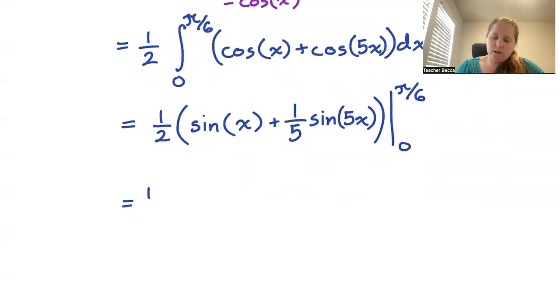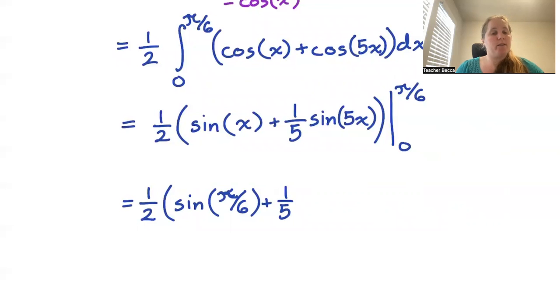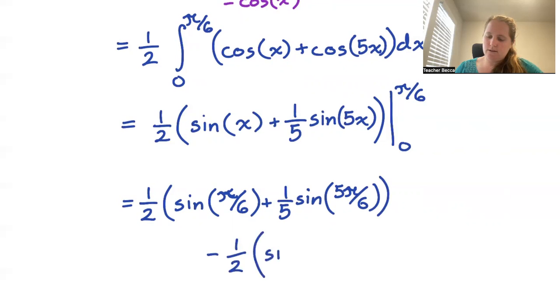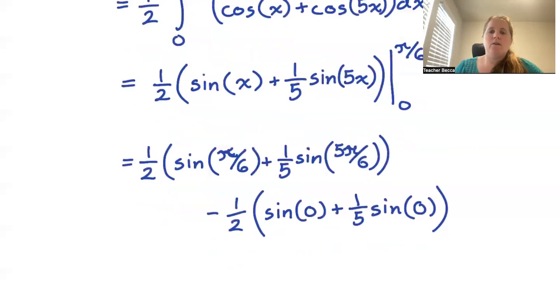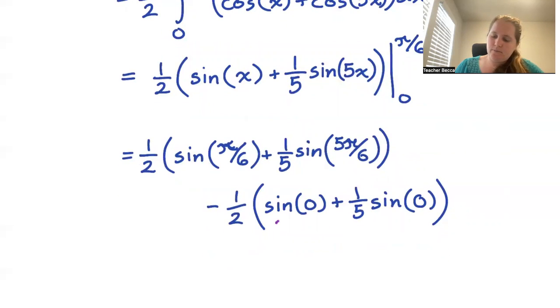So this becomes 1/2 times, in brackets, sine of pi over 6 plus 1/5 sine of 5 pi over 6, minus 1/2 times, in parentheses, sine of 0 plus 1/5 sine of 0. Oh, the 1/2 is multiplying this whole thing. Those sine of zeros all go to 0.